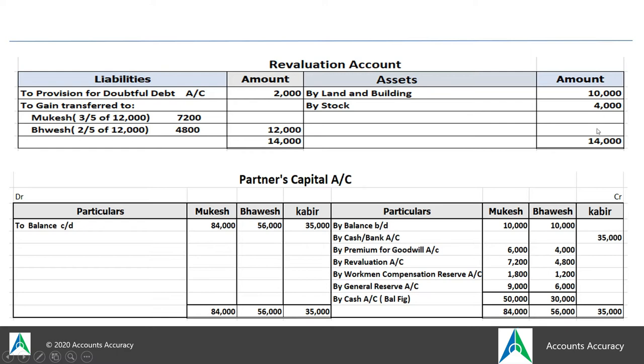As we are balancing here, our credit side is coming 14,000 whereas the debit side is only 2,000. So when we are balancing it, we are getting 12,000 as profit which needs to be transferred to partners capital account, and this needs to be divided among the old partners in the old ratio, that is 3:2.